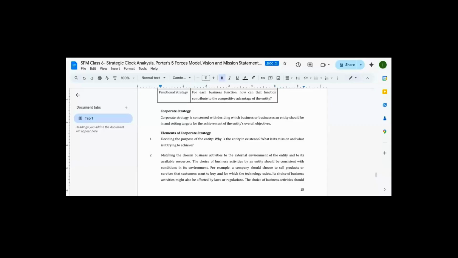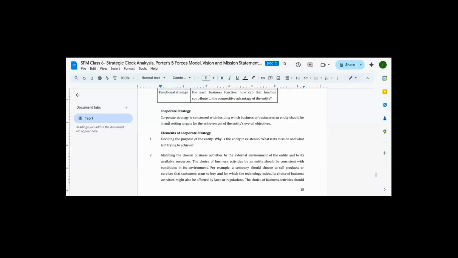So the corporate strategy that we mentioned as number one, the corporate strategy is concerned with deciding which industry, which businesses should our company participate in in order to achieve our broad goals and objectives.